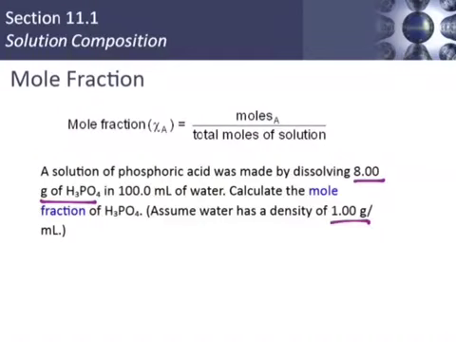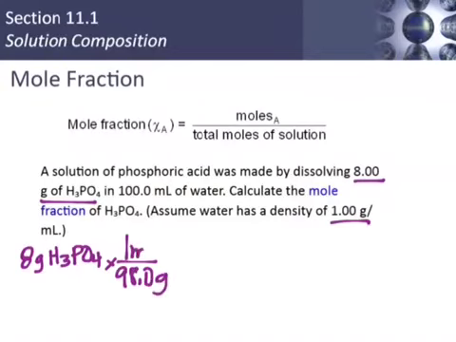So the first thing I need to do is convert my phosphoric acid to moles. So we take 8 grams of H3PO4 and divide by the molar mass, which is 98.0 grams.